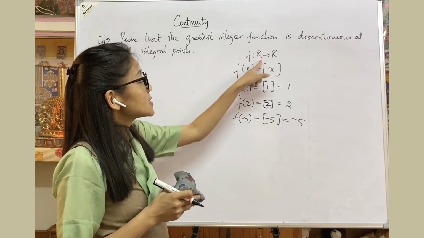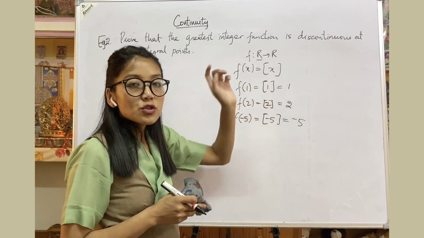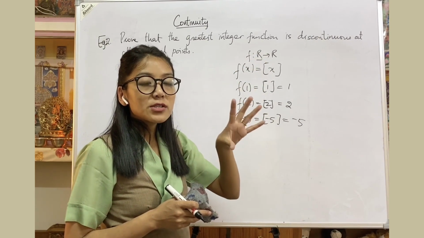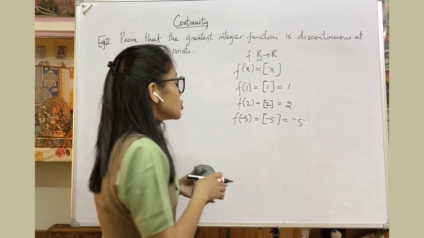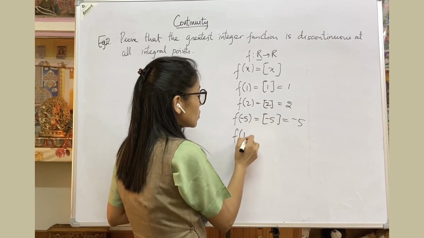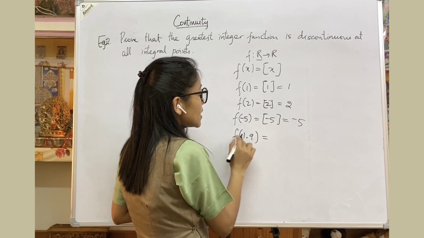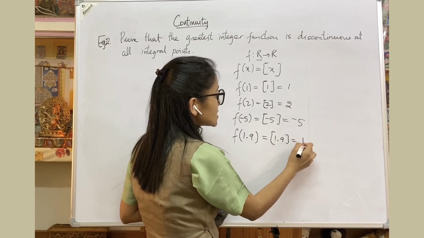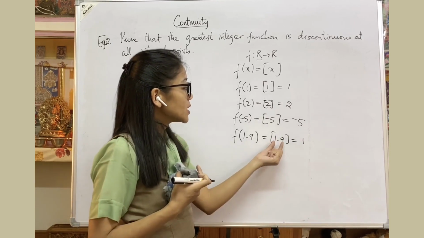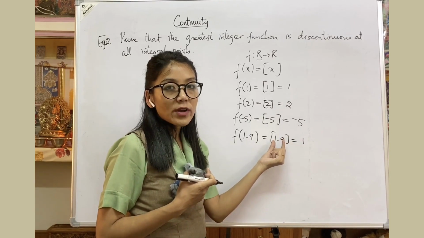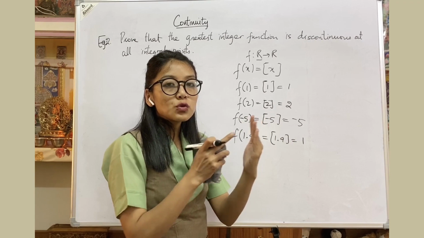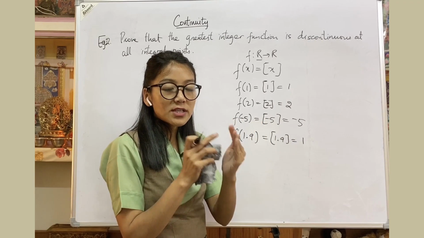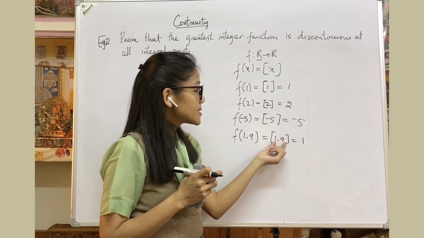But since the domain is the set of real numbers, not only integers, you have other numbers also. Suppose I take the greatest integer function of 1.9. It is 1. If it is a decimal or fraction, you have to take the greatest integer which is less than this value.